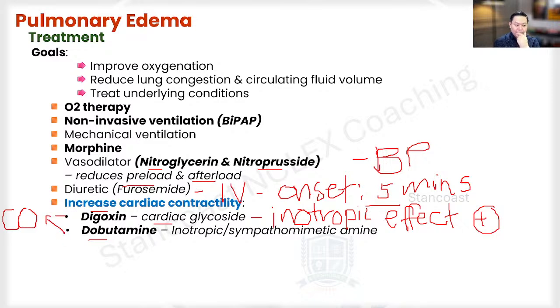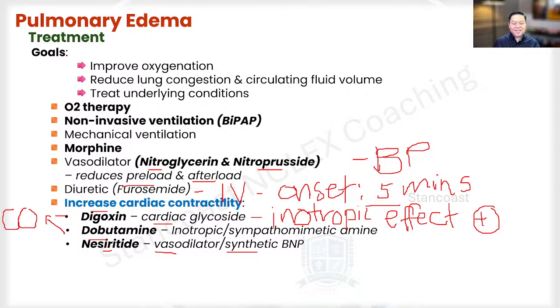Okay, and the next medication that we will be expecting to be included in the therapy will be the nesiritide. So what is the nesiritide? This is a vasodilator and a synthetic form of the B-type natriuretic peptide. So what is the mechanism of action for this nesiritide?